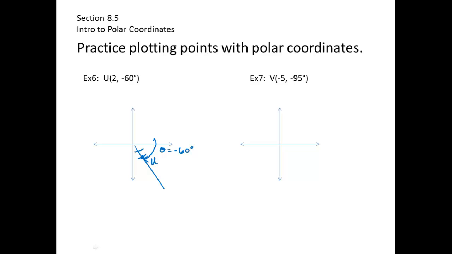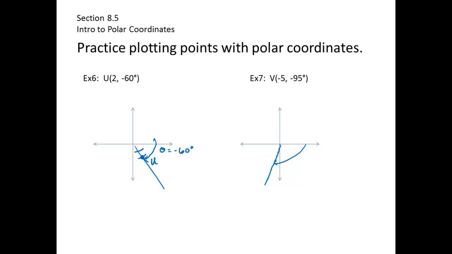So for this one, not only do I have a negative angle, but I also have a negative radius. So this is going to be taking into account a couple different ideas, starting with -95 degrees. Well, if this is 90 degrees as I'm heading in the negative direction, then -95 degrees is over here. So this is the radius I'm on.